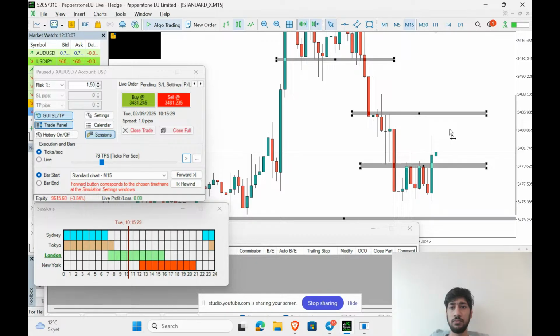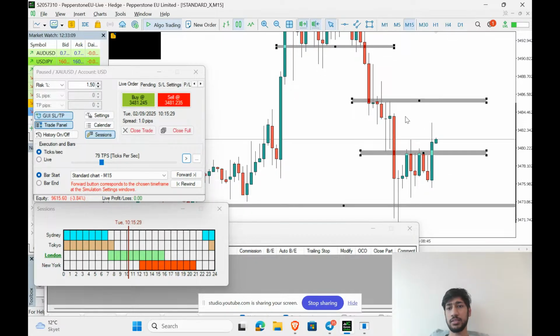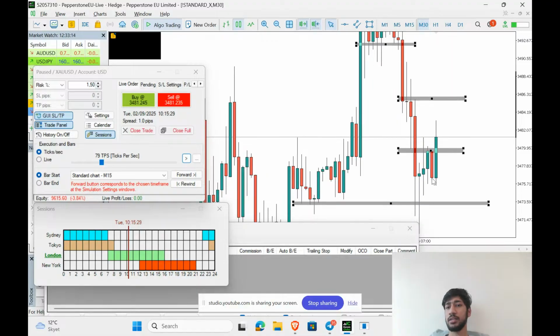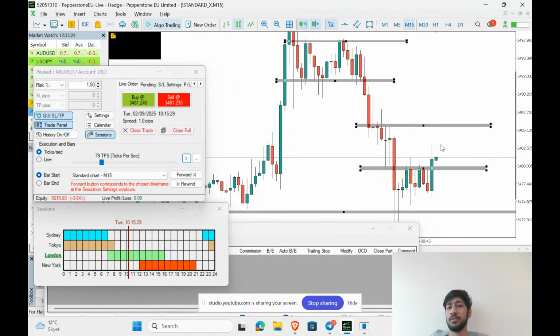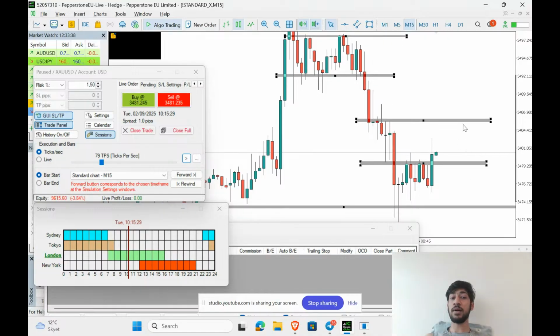M15 we just broke up of the consolidation, but we have rejection over here, and as I know, M30 has better confirmation, and on M30 we are not forming any sort of confirmation. Due to me doing overall analysis on the higher time frame, I can see that it does not make sense for me to buy at this range.